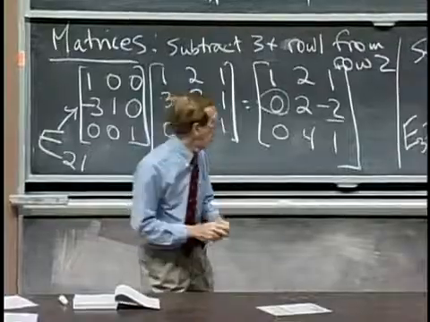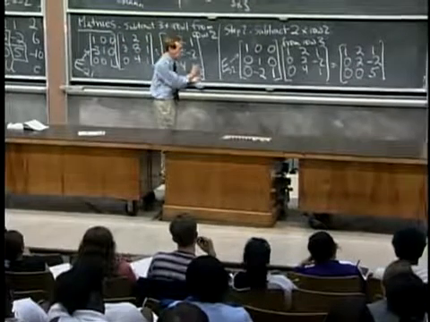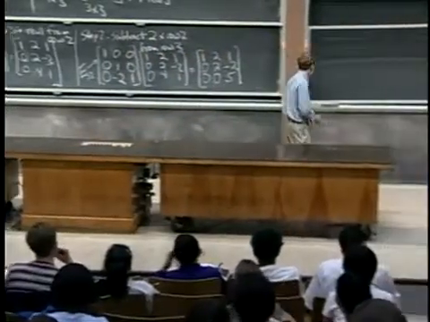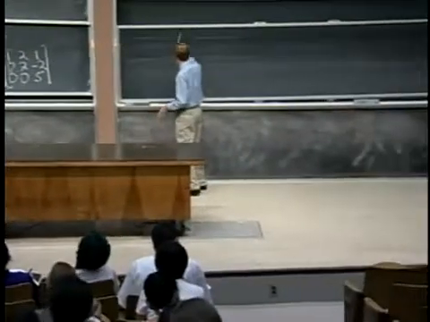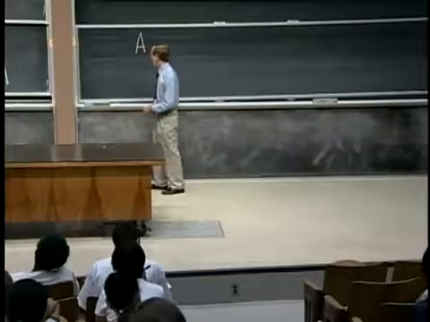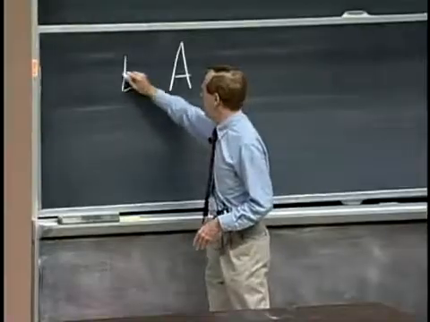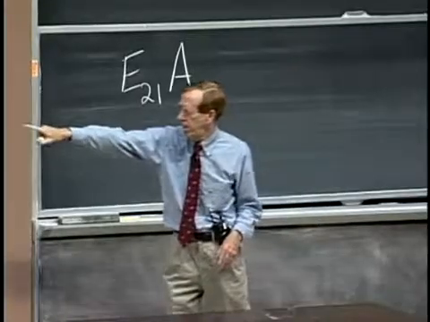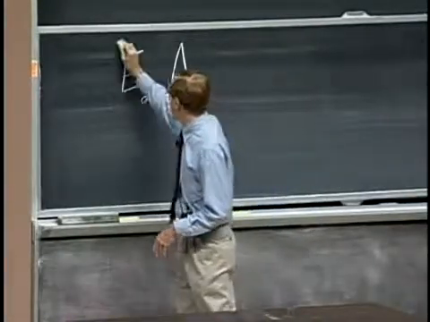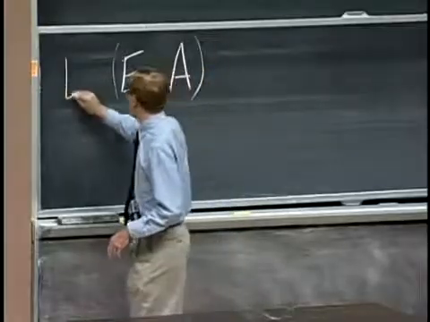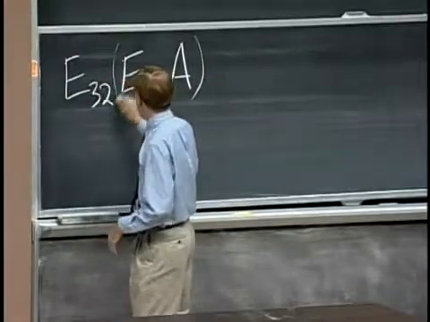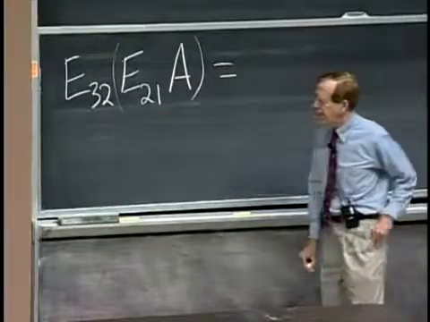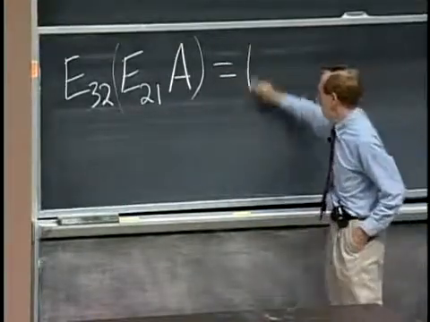So I'm going to express everything we did so far on A. We started with A, multiplied it by E21, that was the first step, and then multiplied that result by E32. And that led us to this thing. And what was that matrix? U.